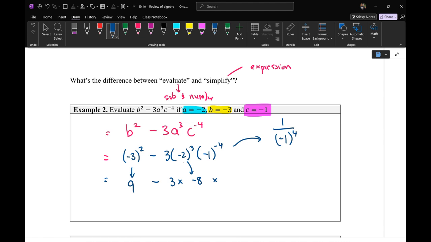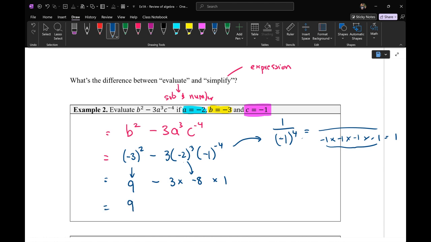But the point is negative 1 to the power of any even power is always going to be a positive 1. So it's whether it's an even power or odd power. Here, negative 1 to the power of 4 will end up being negative 1 times negative 1 times negative 1 times negative 1, which we know is going to give you a positive 1. So that's how we know it's 1.